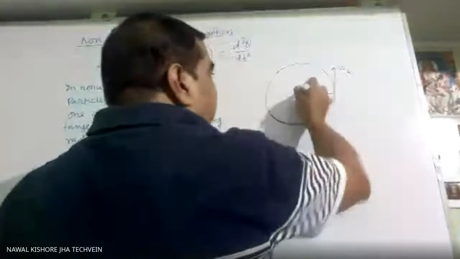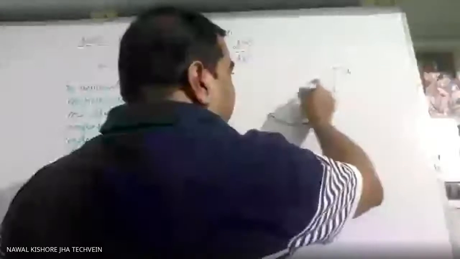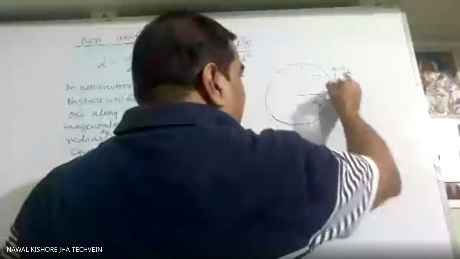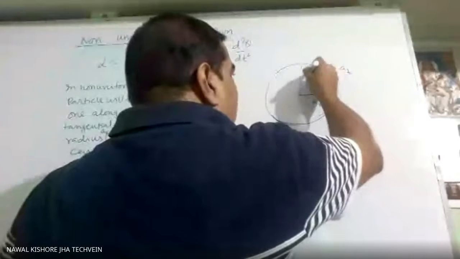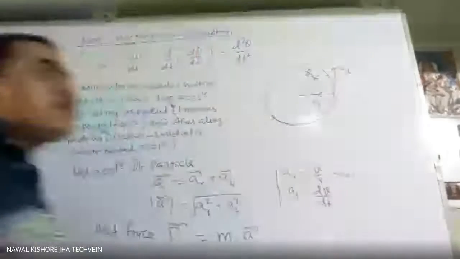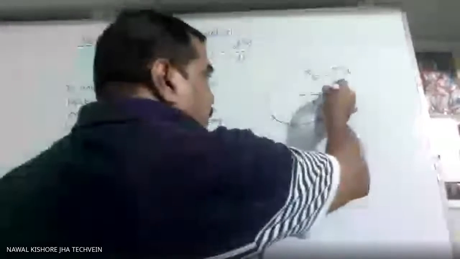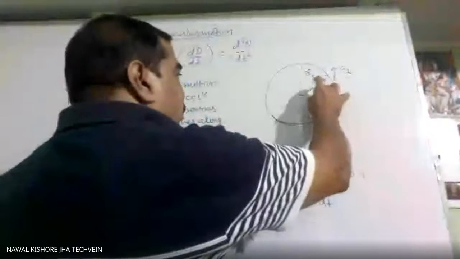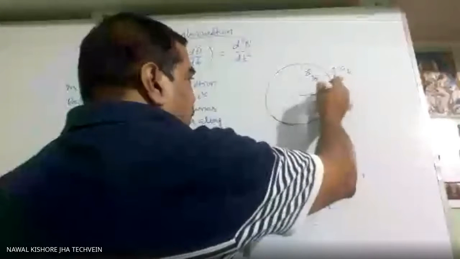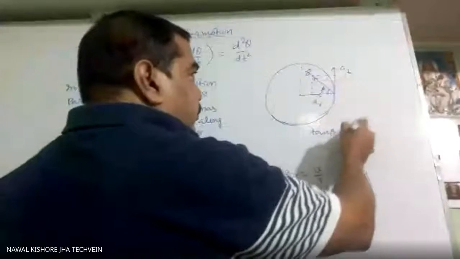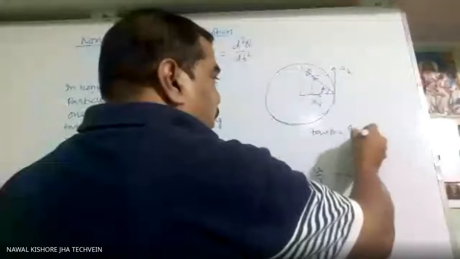We will draw a parallelogram, whatever the magnitude may be, and this is the direction of A. If you are asked the angle, suppose it makes an angle alpha or beta, then tan beta will be AT over AR.